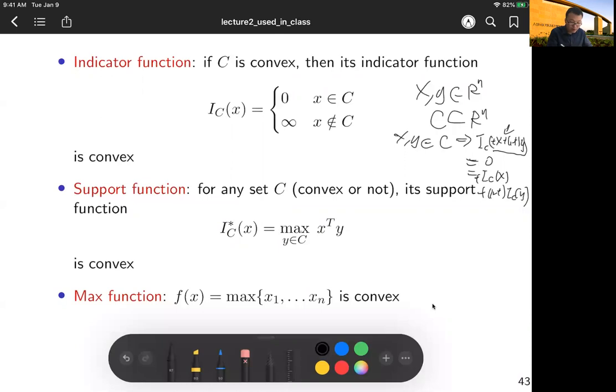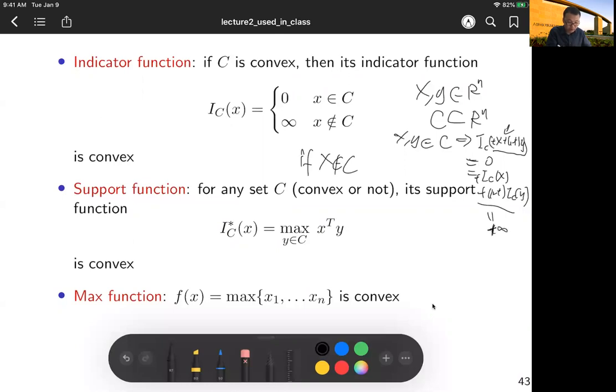So what if one of these points or both of these points are not inside the convex set? If x is not in the convex set, then we know that the right-hand side of this equation is positive infinity.